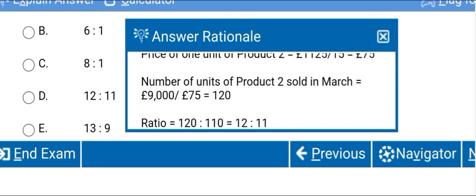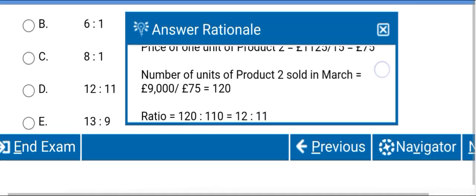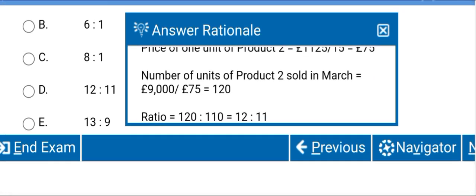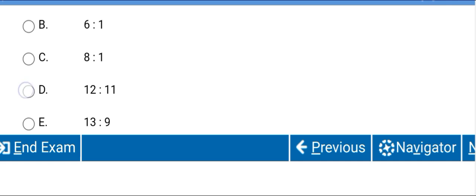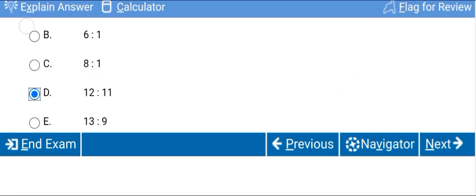Number of units of product 2 sold in March equals 9,000 pounds divided by 75 pounds, which equals 120. So the ratio we have is 120 to 110, equals 12 to 11. So option D is the correct option.